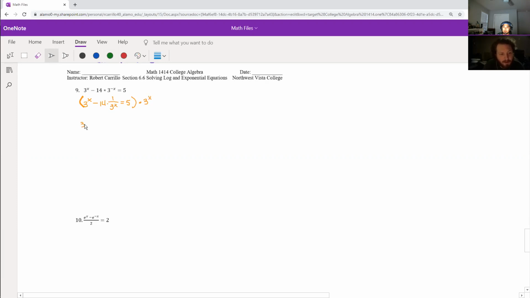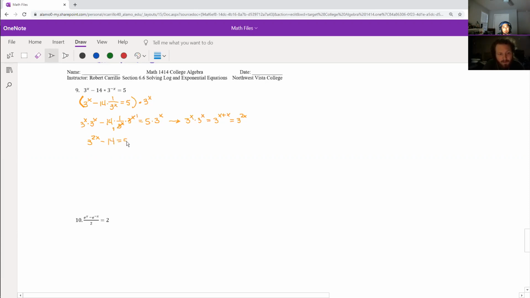So we'll get 3 to the x times 3 to the x minus 14 times 1 over 3 to the x times 3 to the x, and this will equal 5 times 3 to the x. Like we already showed, 3 to the x times 3 to the x equals 3 to the x plus x, which equals 3 to the 2x. So 3 to the 2x minus 14. These will cancel.